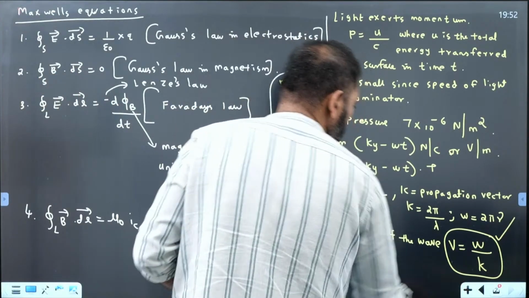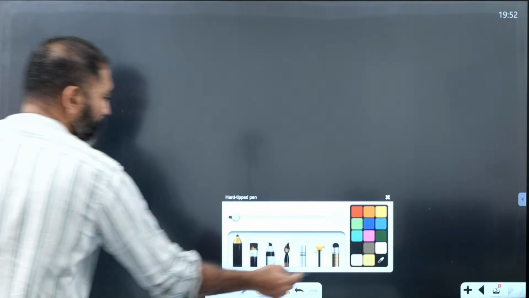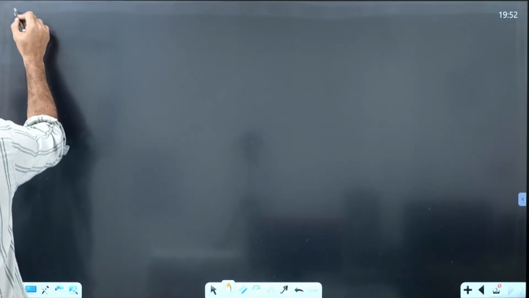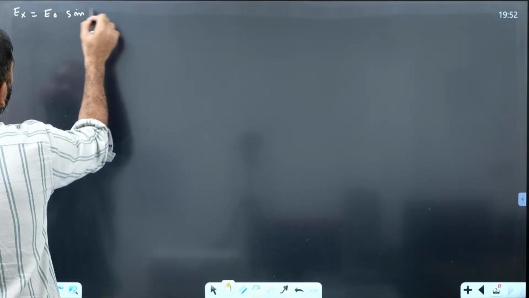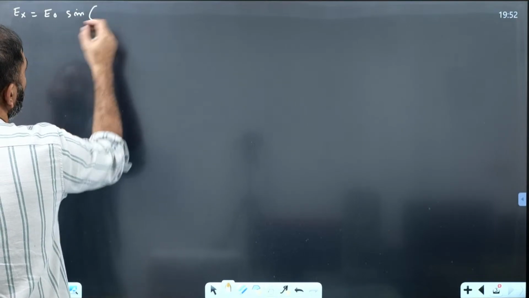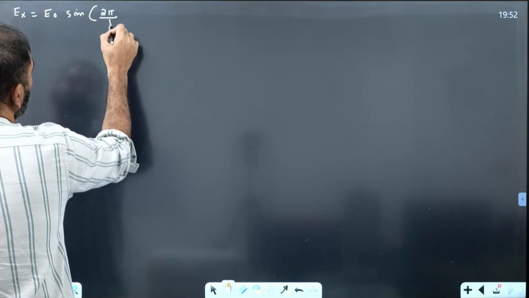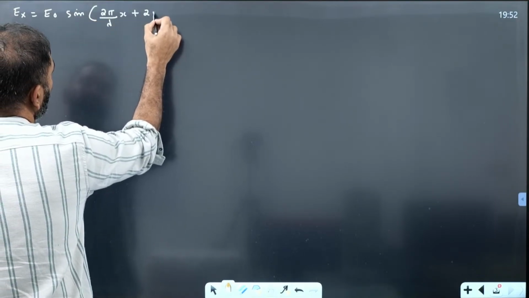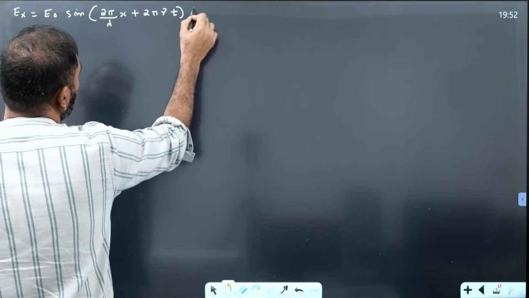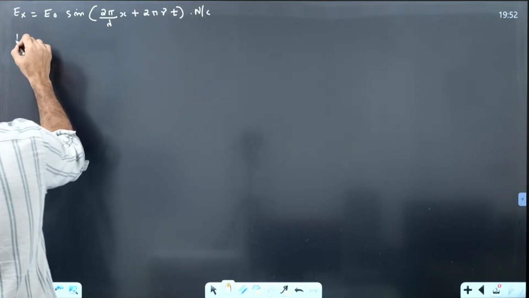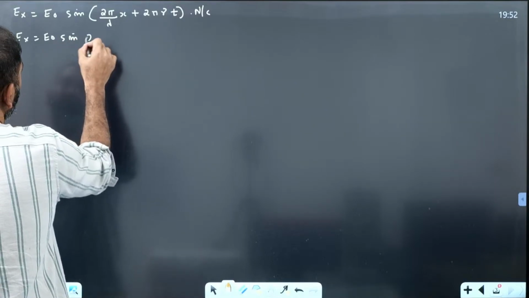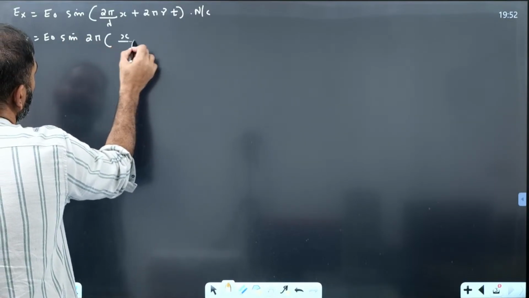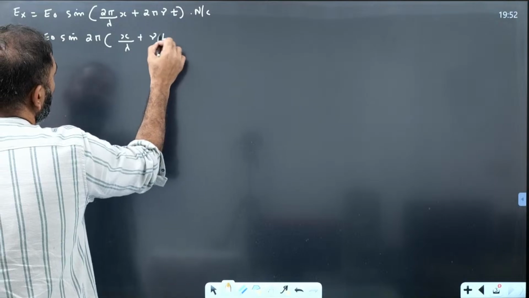Next, the same Ex can be written as Ex is equal to E0 sine, instead of kx I can write 2 pi by lambda x, plus instead of omega I can write 2 pi nu t, into Newton per Coulomb. So Ex is equal to E0 sine 2 pi, taken outside, into x by lambda plus nu t.